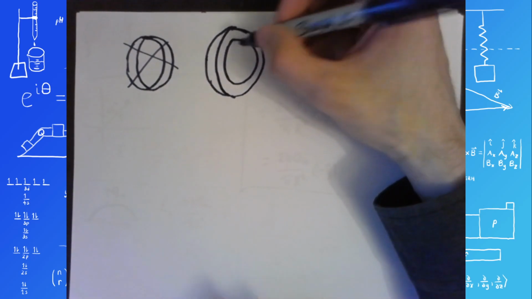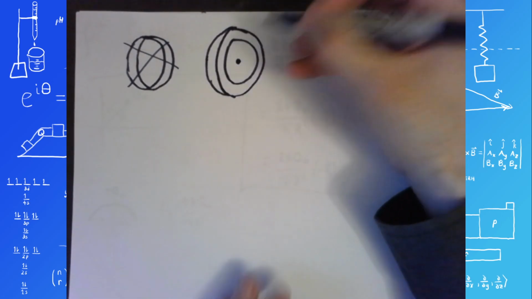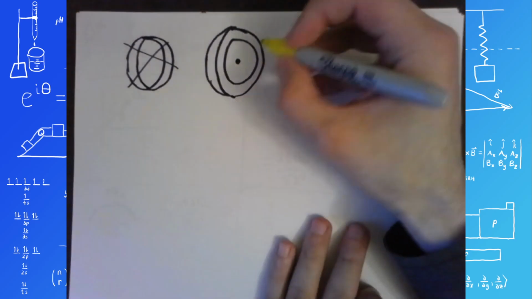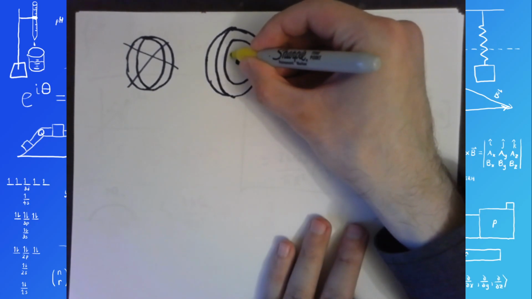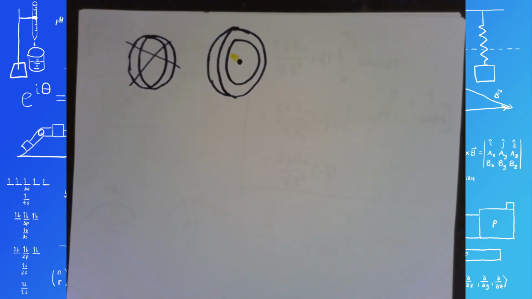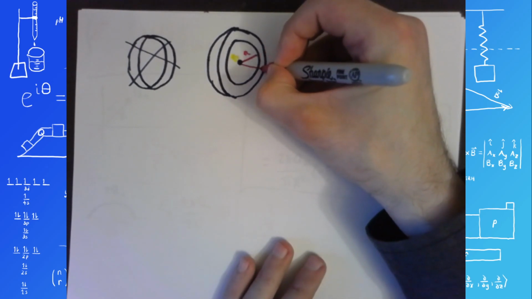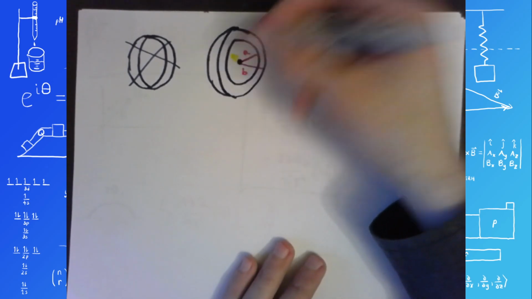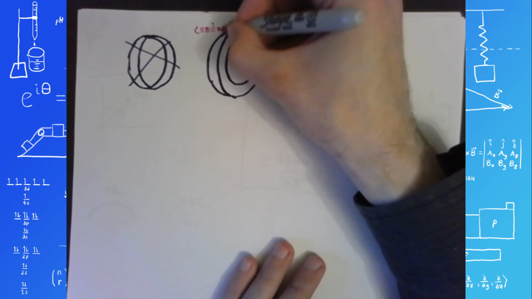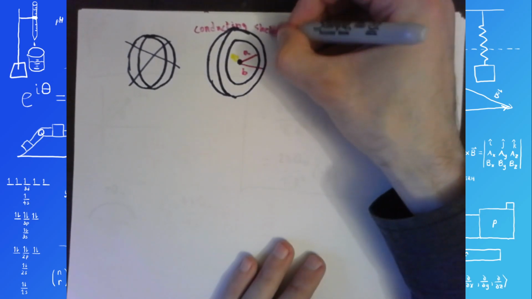Okay, that looks decent enough. So we have a point charge here in the middle, it's a charge of Q1. We have an inner radius of A and an outer radius of B, and this is a conducting spherical shell.